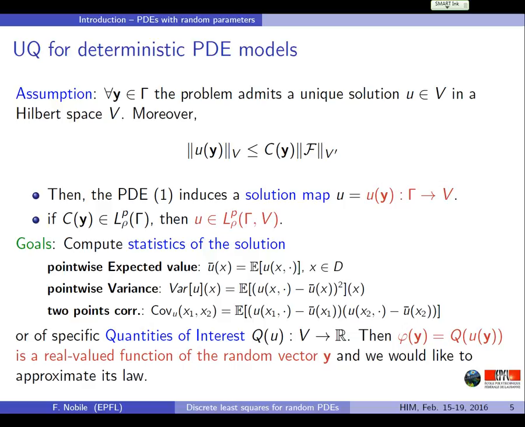In principle, you can ask many questions. In this talk, I will ask very limited questions, like if you can approximate the expectation, the variance, or in general, the function or functionals in the L2 sense. The density here is assumed fixed, known, and that you can sample, so the simplest setting.